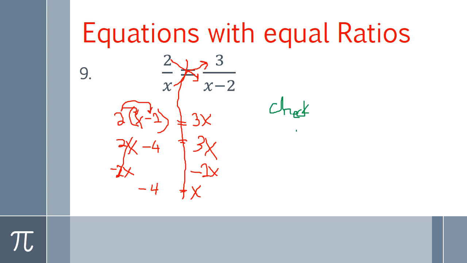So I'm going to have 2 over negative 4 equals 3 over negative 4 minus 2.